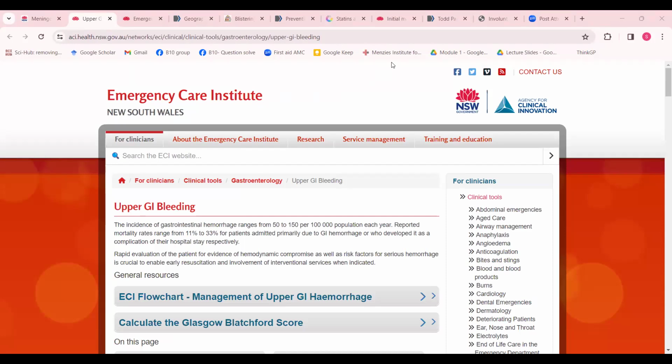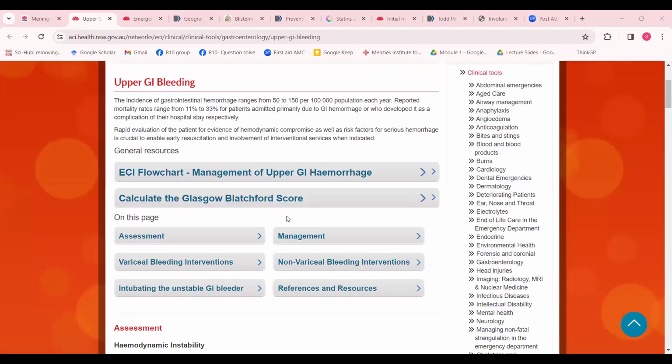So this is the first time. Okay. This Emergency Care Institute NSW guideline is the one that we usually use for emergency management. When you have any questions dealing with emergencies, you can use it for the management. They have different topics here, and we'll be discussing them when we do our questions also.